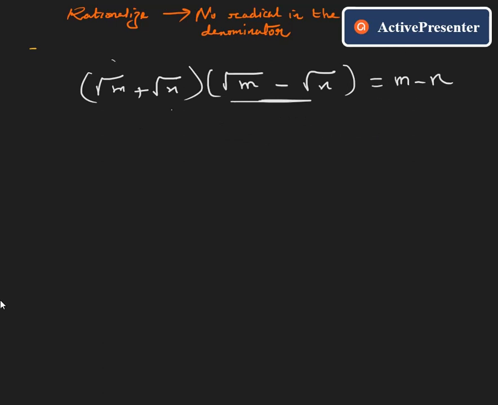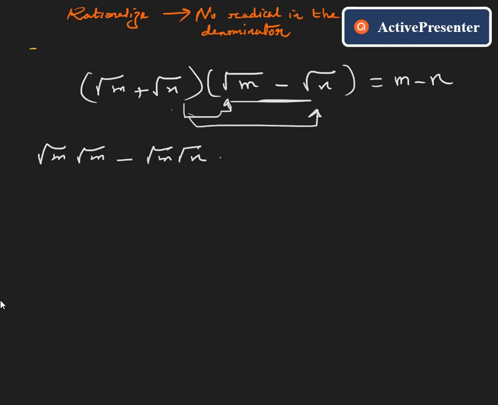What we will do, we will first multiply this and this. Let's see how it goes. Square root of m multiplied by square root of m, minus square root of m multiplied by square root of n. Now we finished the first distribution. Now multiply this into this, and this into this.